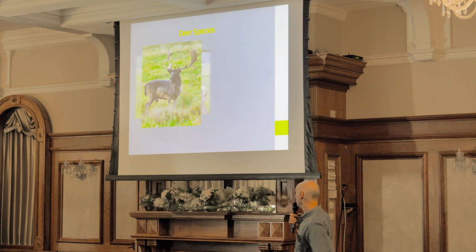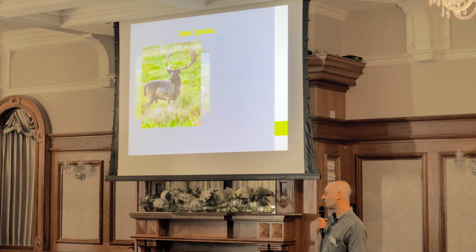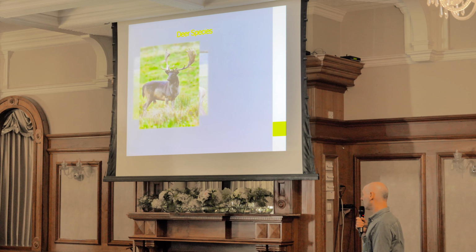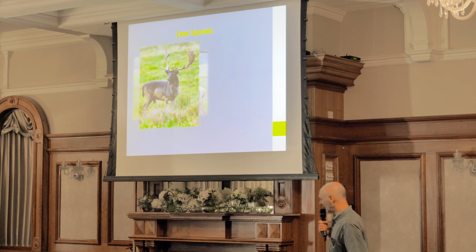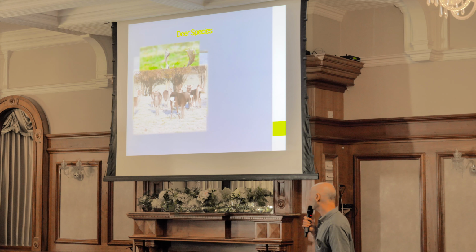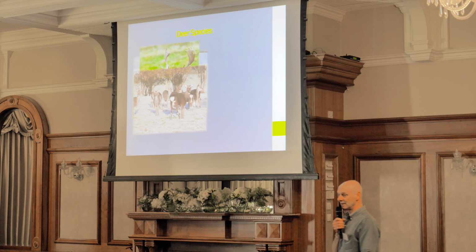The fallow deer are probably the most numerous and widespread. They occupy pretty much the whole centre of the country. Sika deer are again becoming more numerous and starting to spread into parts of the country that they hadn't been before.